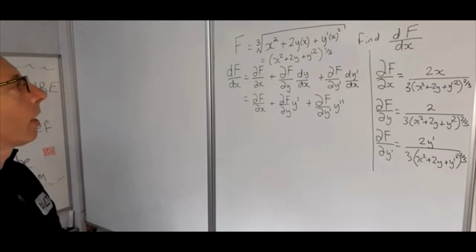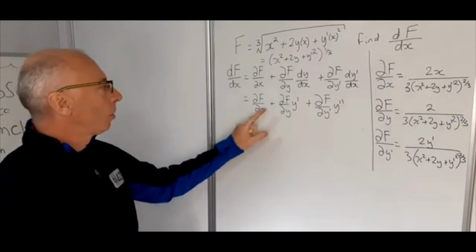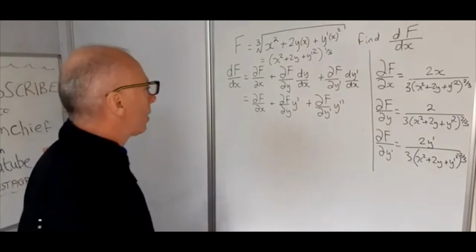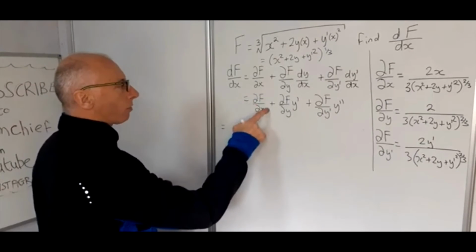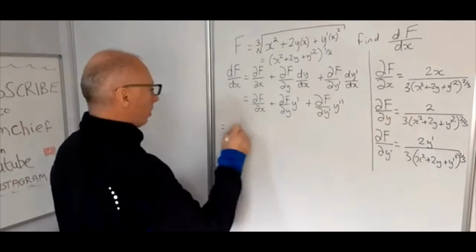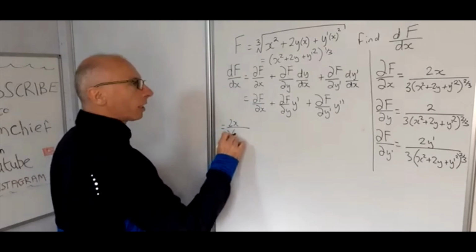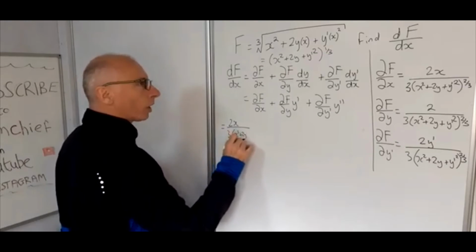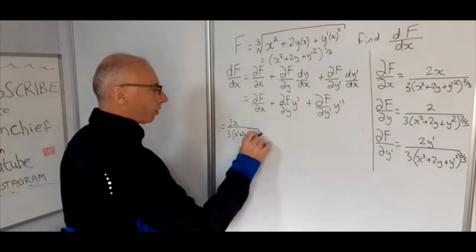Okay, so now we can go onto this formula here and see where that takes us. So now we've got partial of f with respect to x, that's this one, so let's write this one in here, 2x over 3 times x squared plus 2y plus y prime squared to the power of 2/3.